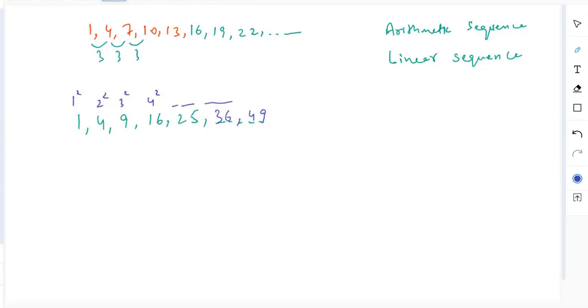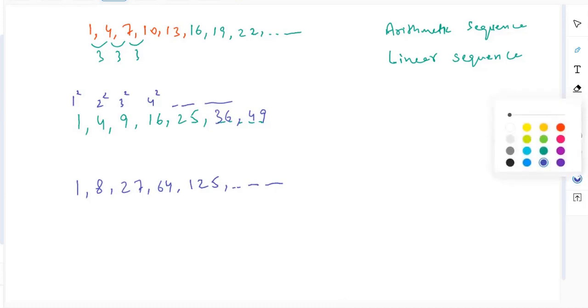Similarly, you could have something like this: 1, 8, 27, 64, 125, and so on. So you see what's happening here? Again, this is also something that you should be aware of. What do you think is happening here? यहाँ पे क्या हो रहा है? These are all cube numbers, right? Because आपको पता है कि 1 का cube 1 होता है, right? 1 cube is 1.